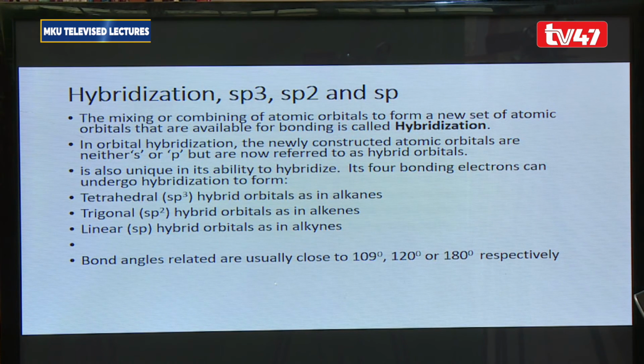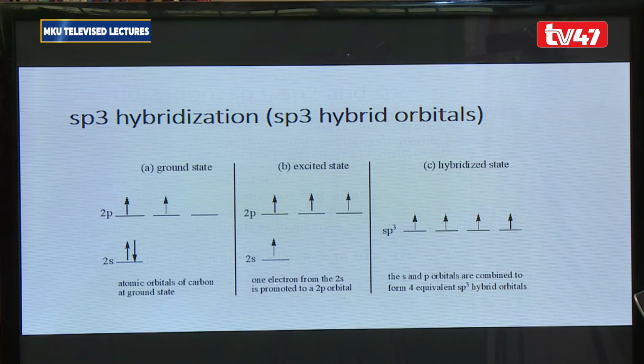So we look at each type of hybridization, starting with sp3 hybridization, which is the most common in single-bonded carbon compounds. Now, in the ground state, a carbon atom has 2 electrons in the 2s orbital, 2 electrons in the 2p orbitals, and an empty p orbital.